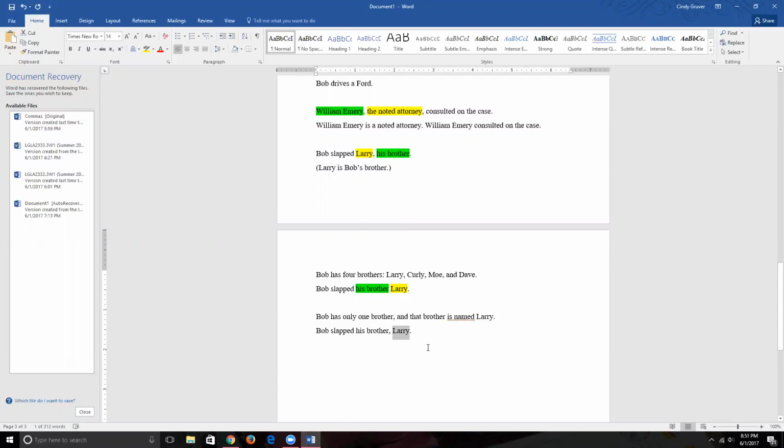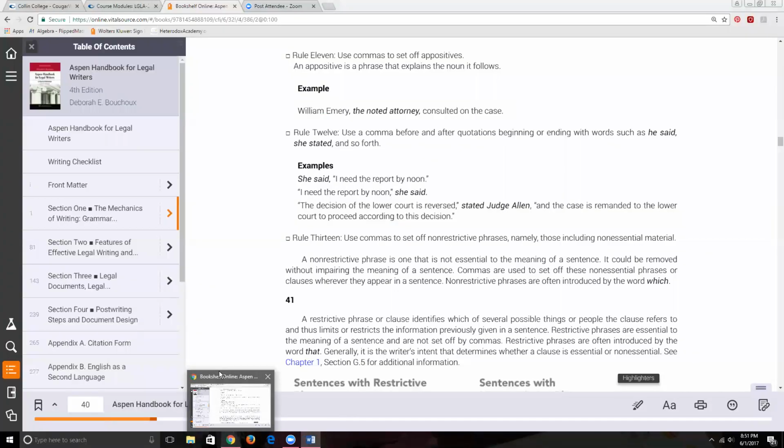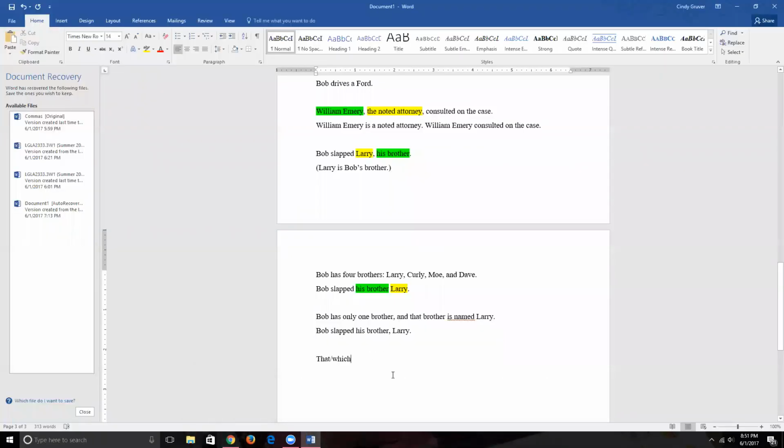But this isn't the main category. The main concern that we have about Rule 13, the main relevance to have, is the that which issue. This is kind of an important thing, and it's one that many people get wrong pretty routinely.